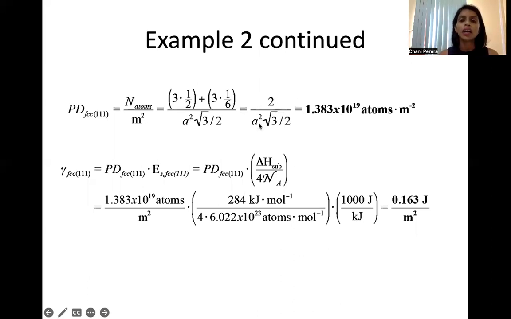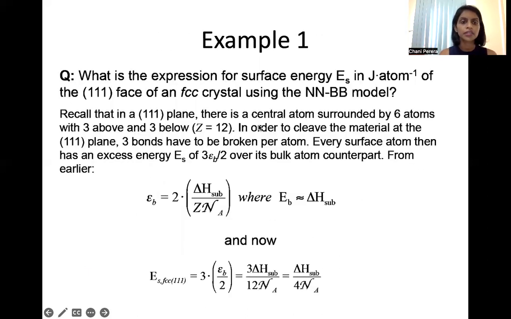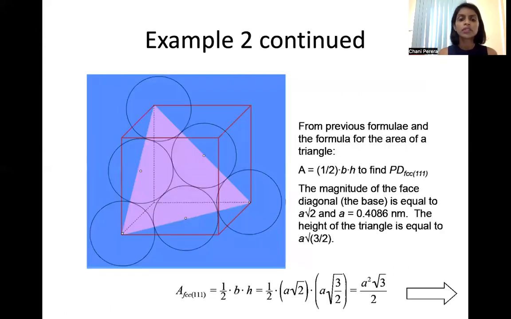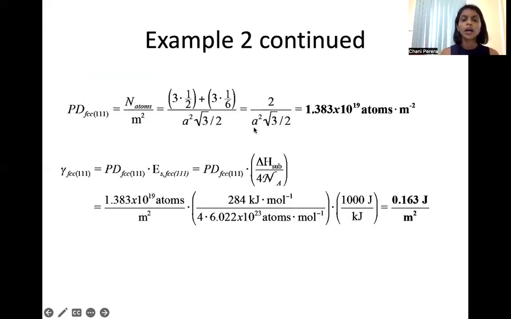And A is given in the first question here: A is 0.486 nanometers. That is the atomic distance, given for that unit cell. So you can calculate how many atoms per square meter. That is the planar density for the FCC silver.